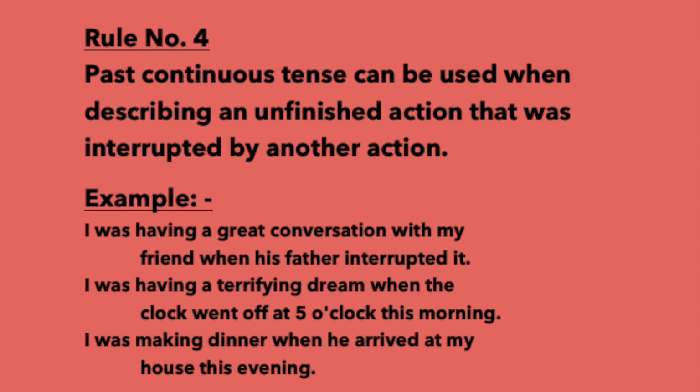The unfinished action is was making dinner. The finished and interrupting action is arrived at my house. From these above sentences, we can understand that it can be used when describing an unfinished action that was interrupted by another action. Okay, let's move on to our next rule.